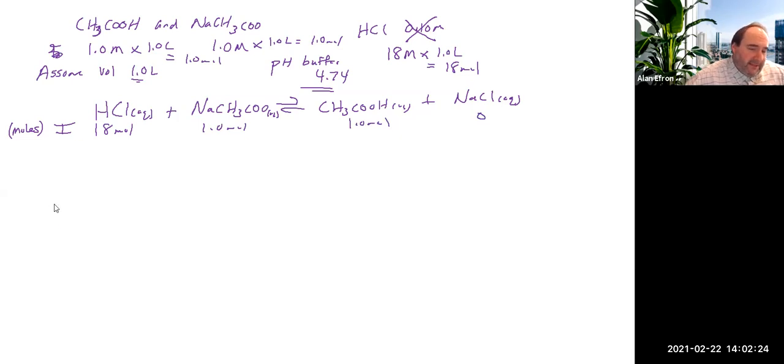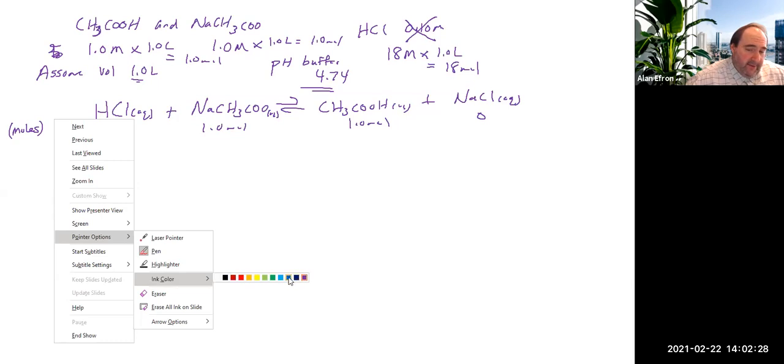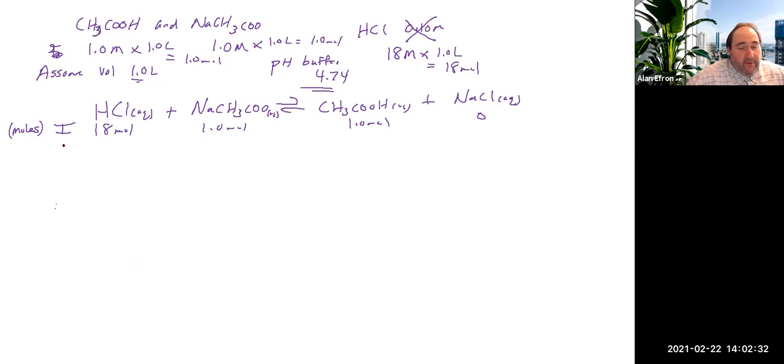So this would be the setup if you grabbed the wrong bottle and weren't following directions, and you made a buffer like this that wouldn't work. What would happen when we get to the change part of the ICE table is that the change would be in the sodium acetate, because we added way too much HCl.